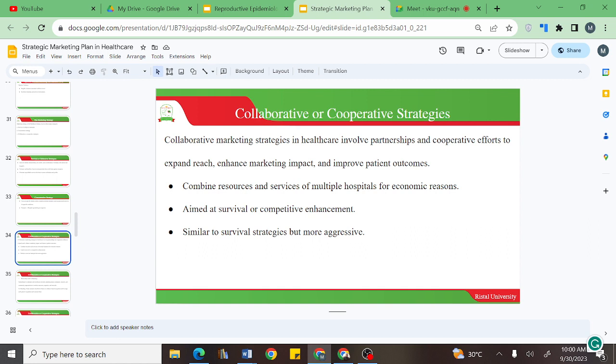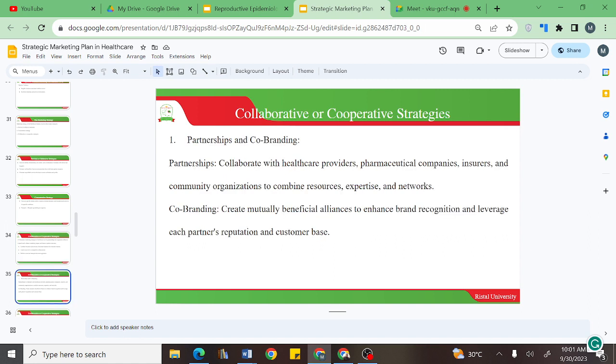With this, you want to work with other entities to make sure that you expand your reach, enhance the marketing input, and improve patient outcomes. So you work together with other hospitals. You can do partnerships and co-branding.